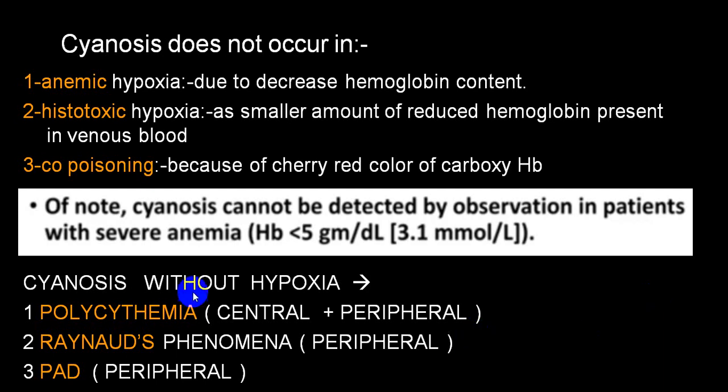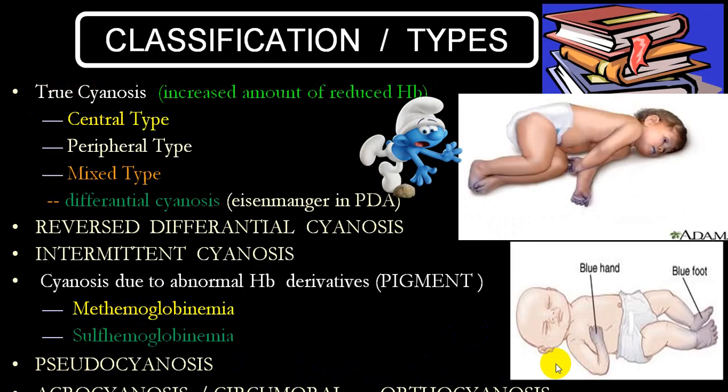By and large, in peripheral cyanosis, it will be with polycythemia, Raynaud's phenomenon, peripheral arterial disease, and also on exposure to extreme cold. In those conditions, it will be cyanosis without hypoxia. By and large, central cyanosis will run with hypoxia.